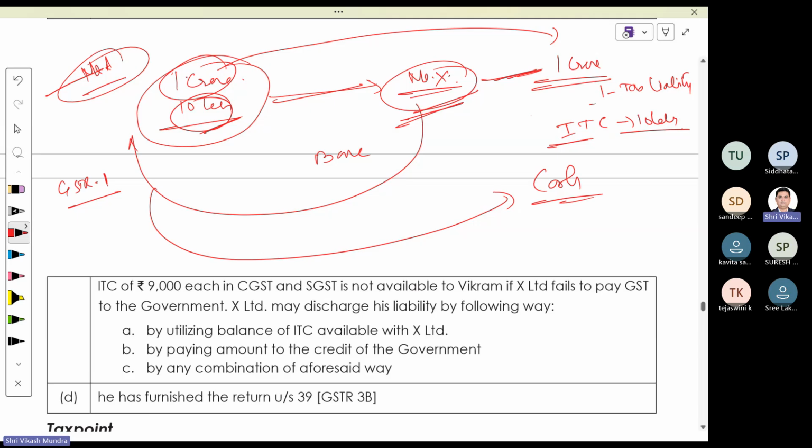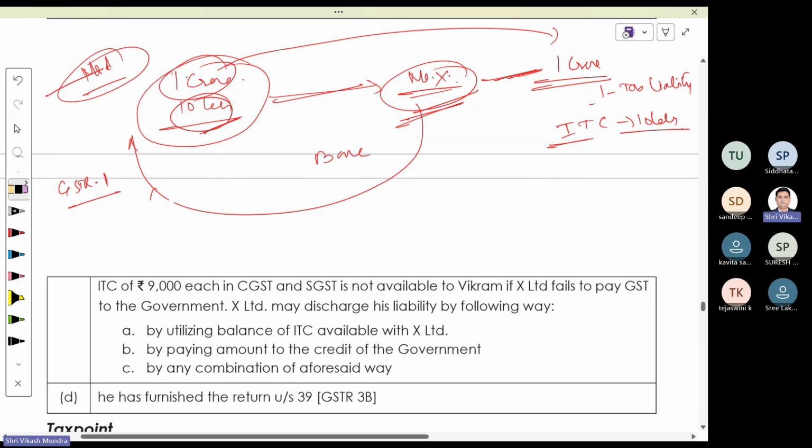Even if this is a genuine case, there is no cashback, and actual movement of goods has taken place. If Mr. X paid 1 crore to Mr. A, and 10 lakh as tax to him, now think he furnished GSTR 1 but did not furnish GSTR 3B.